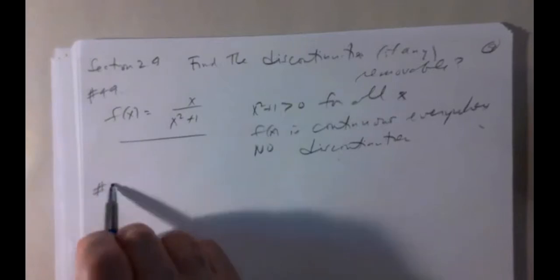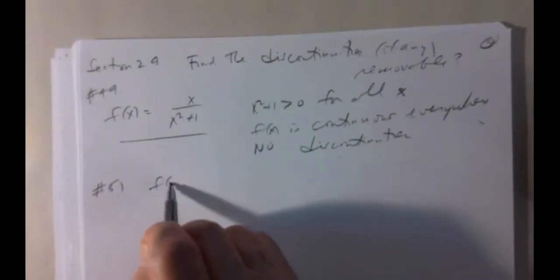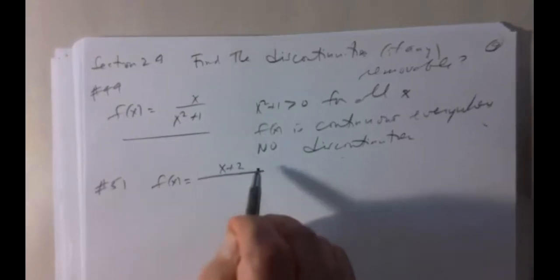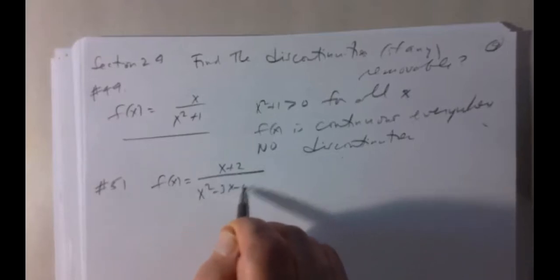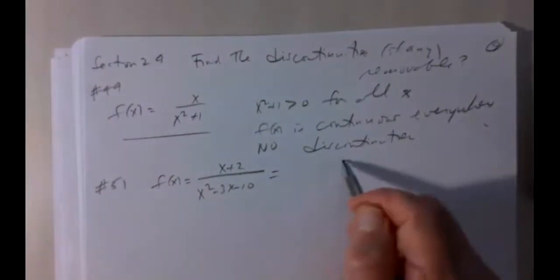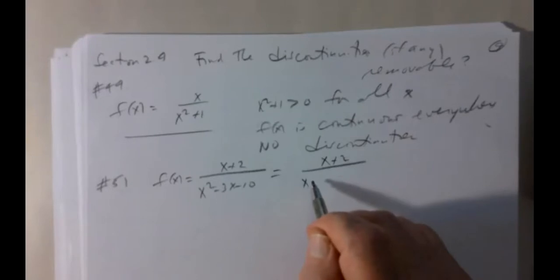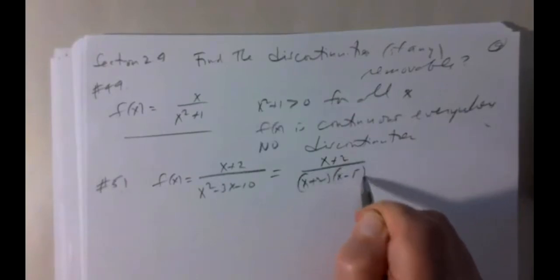Problem 51 is the function f of x equals x plus 2 over x squared minus 3x minus 10. Now, the denominator does factor into x plus 2 times x minus 5.